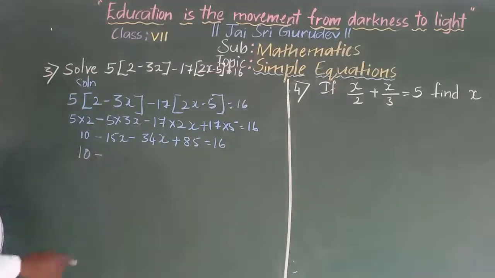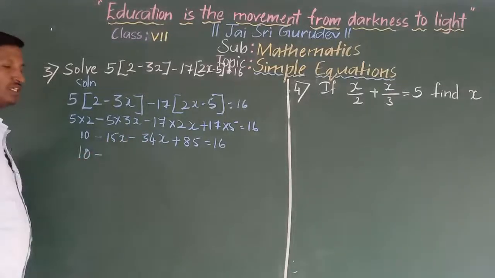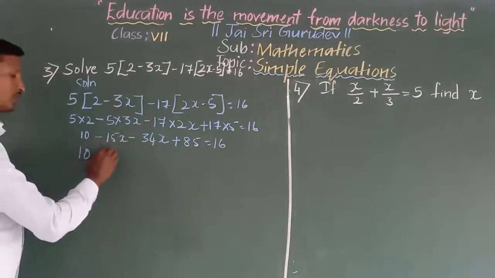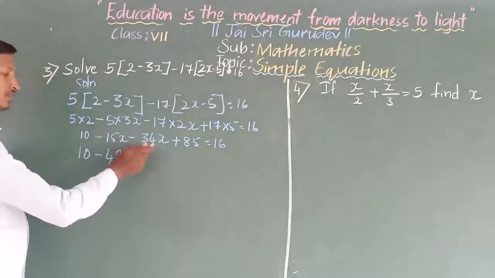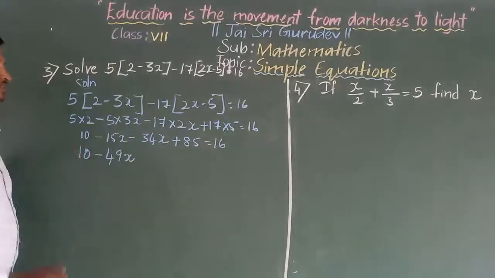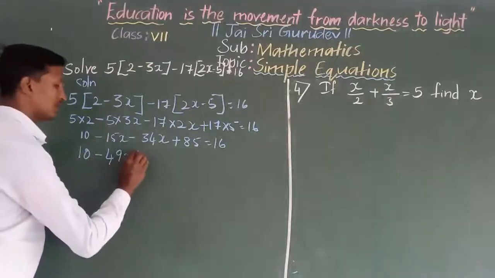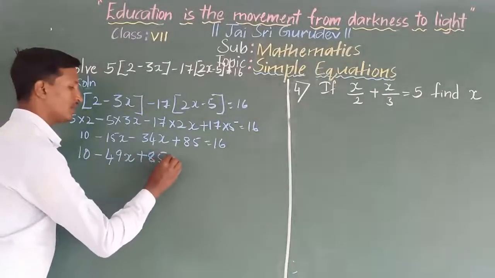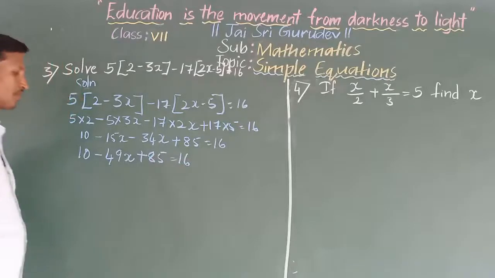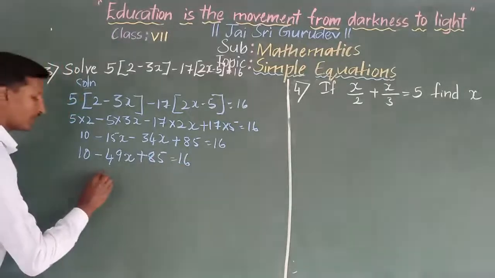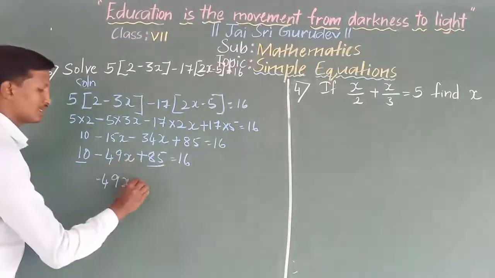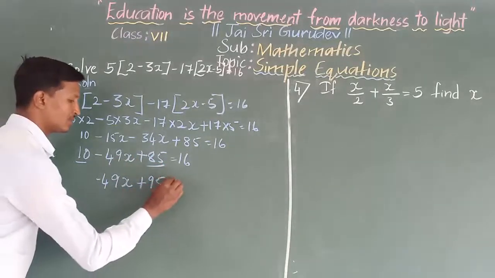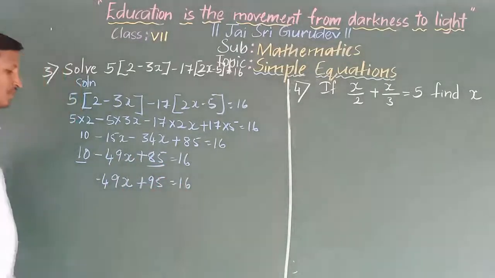Minus 15x minus 34x becomes minus 49x. You have to add, and put the sign of the greater number, 34, which is minus. Then 10 plus 85 is 95. So -49x + 95 = 16.